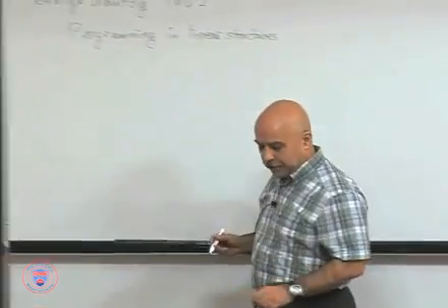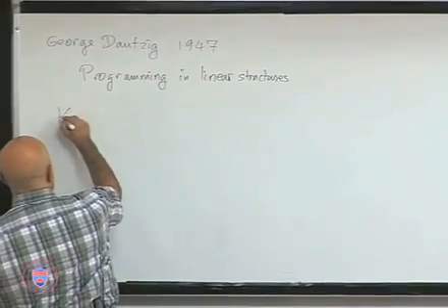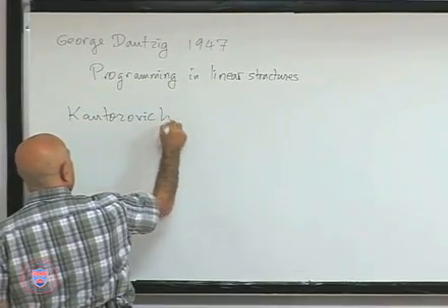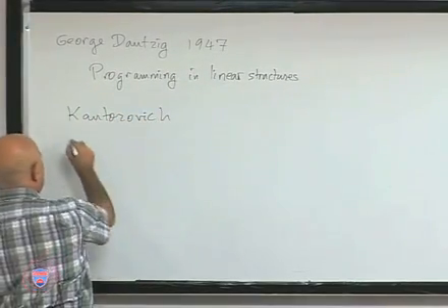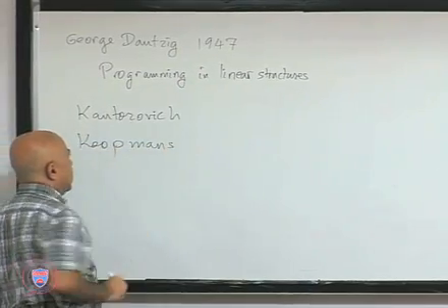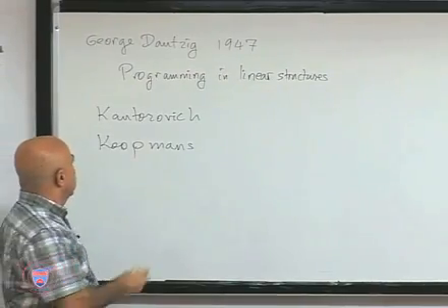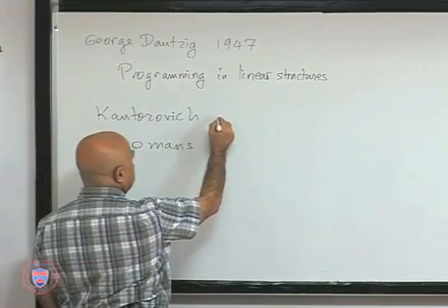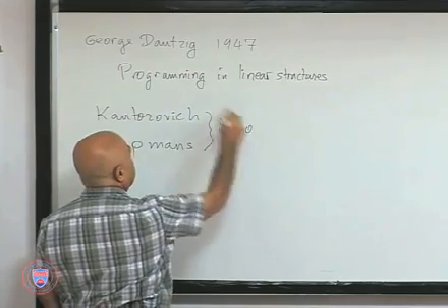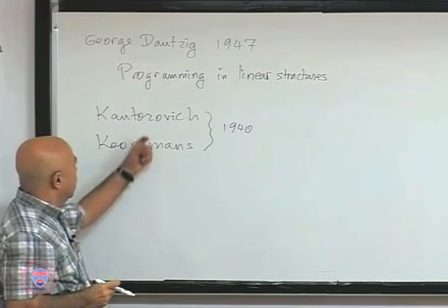And it turned out that prior to Dantzig's formulation of linear programming problems, there was a guy called Kantorovich in Russia, and also Koopmans in the United States. These people were working on economical problems back in the 1940s, prior to Dantzig's work, maybe 1941-42.